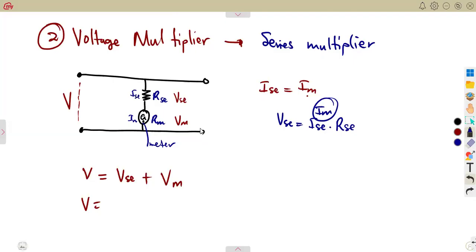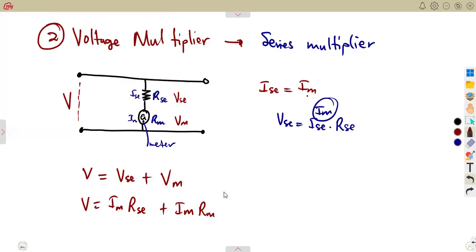So you can write it in terms of Im, which is the meter current. So in this case, we are going to have the product of the meter current and the series resistance, plus the voltage across the meter, which is the current across the meter times the resistance of the meter. That is it there.